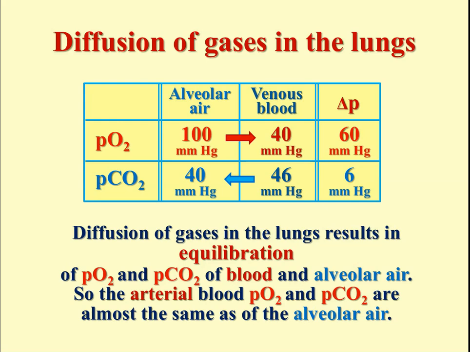In reality, they are slightly less for PO2 and slightly higher for PCO2, just a negligible difference, so we can simplify and say that arterial blood PO2 and PCO2 are correspondingly 100 and 40 millimeters mercury. You understand that constantly new portions of fresh air come to the alveolar space, and therefore equilibration doesn't stop in the middle of values. It goes until full balancing of values to initial alveolar air values.